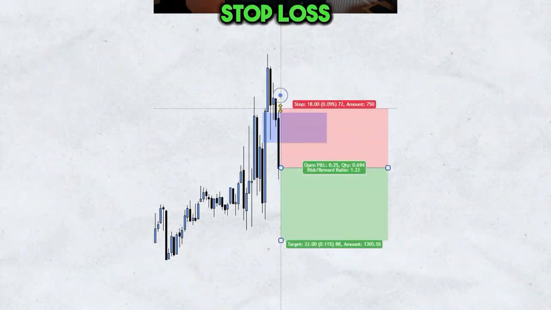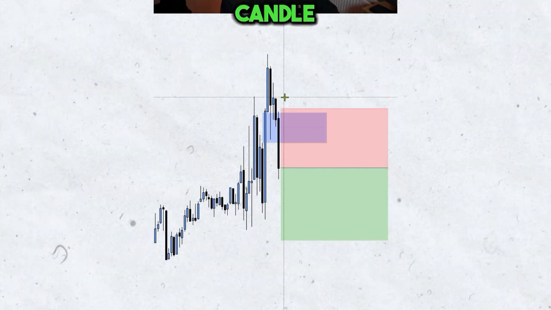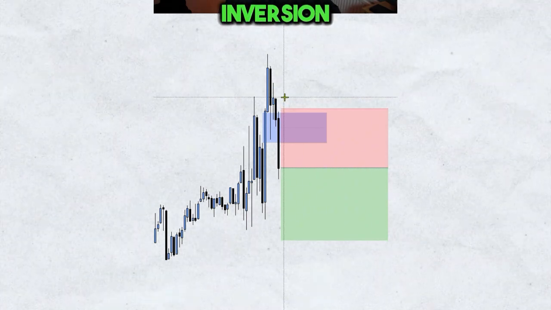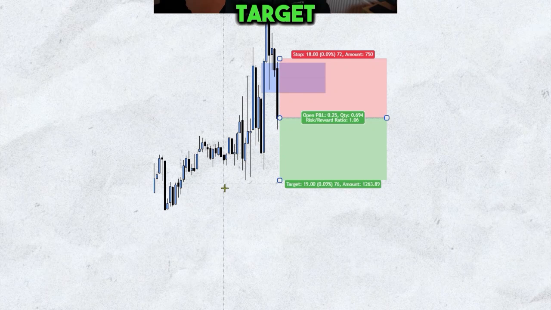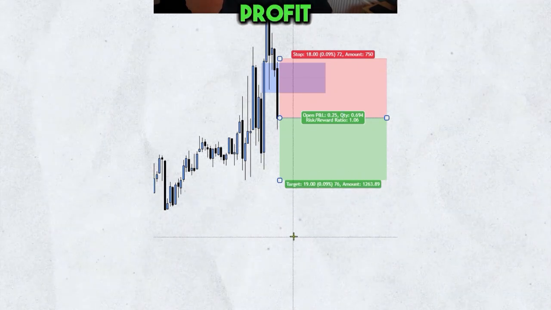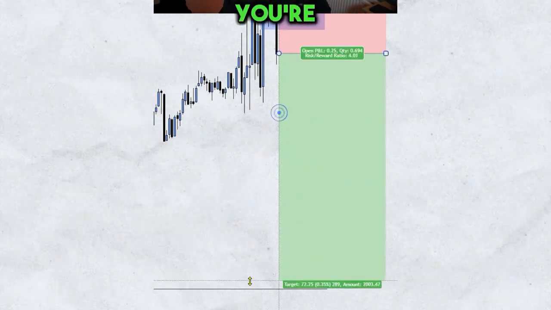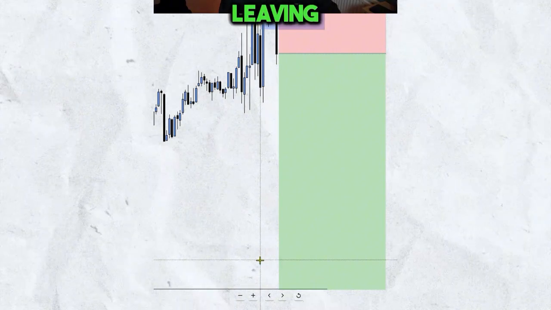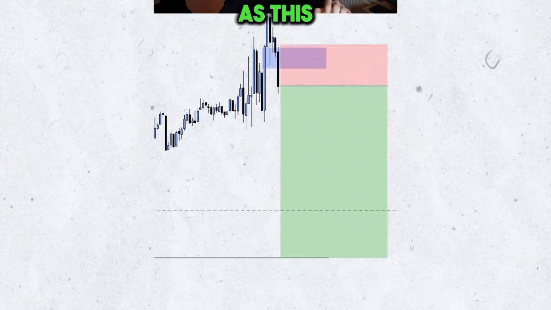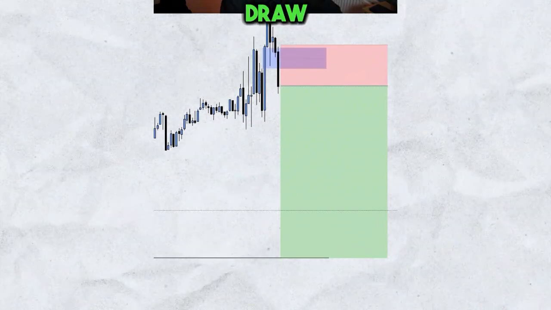This is now where I will enter into a short position. My stop loss is simply if we get a candle close back above this now inversion fair value gap. Then you can target one of these lows as your first take profit, but you need to make sure that you're holding to these news lows and leaving a runner all the way down here, as this is just an extremely strong draw on liquidity.